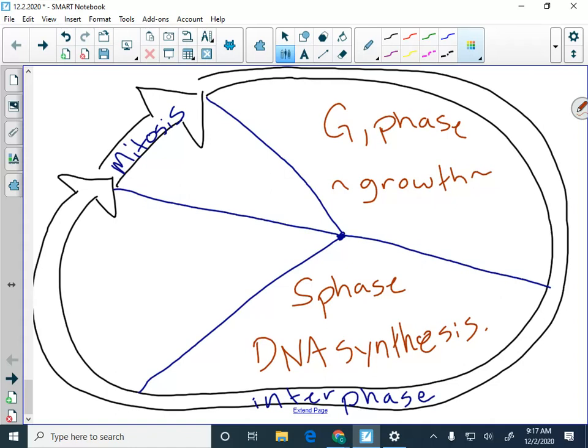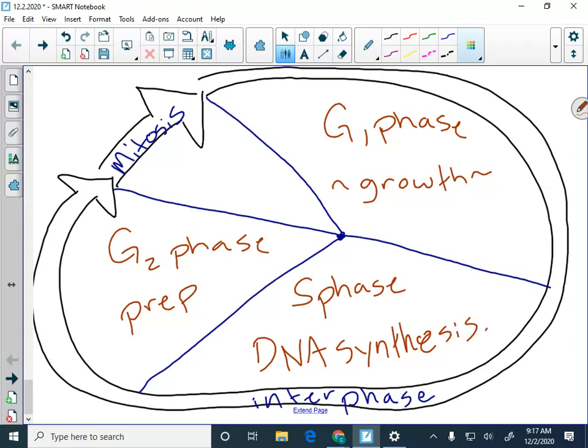Last phase in interphase is G2 phase. And we're going to call that prep. G1, S, G2. We're growing, we'll duplicate our DNA, and we're going to prepare for division.